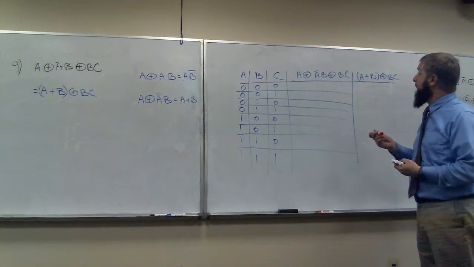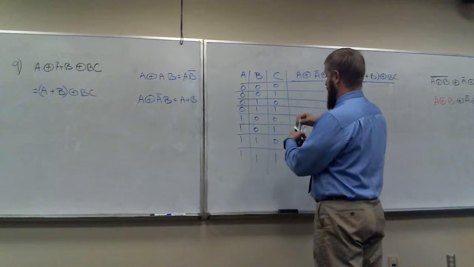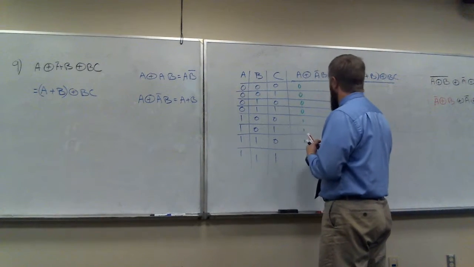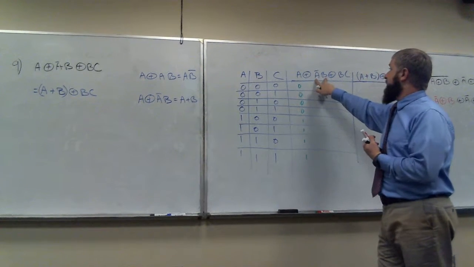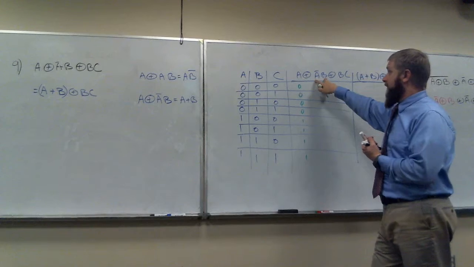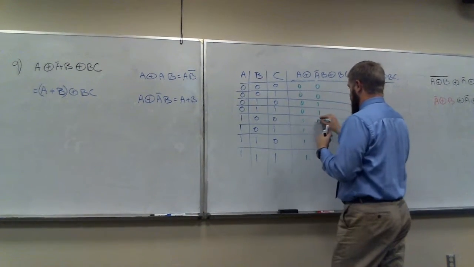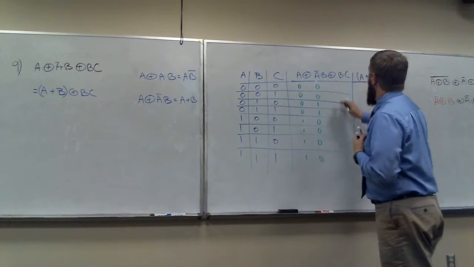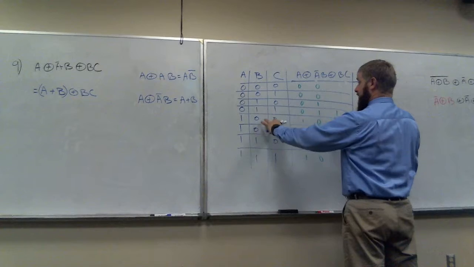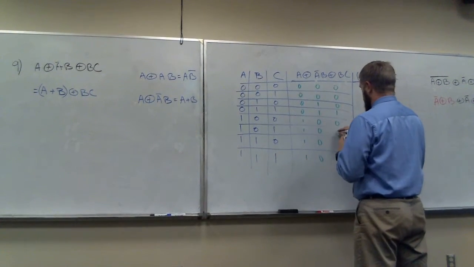So let's do that. First term, this is the left side: 0, 0, 0, 0, 1, 1, 1, 1. When is A not B true? When A is 0, B is 1. Here and here, everywhere else you're going to get zeros. And B and C is BC, only when 1, 1, here, everywhere else zeros.